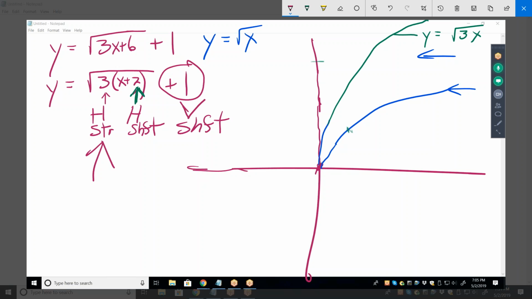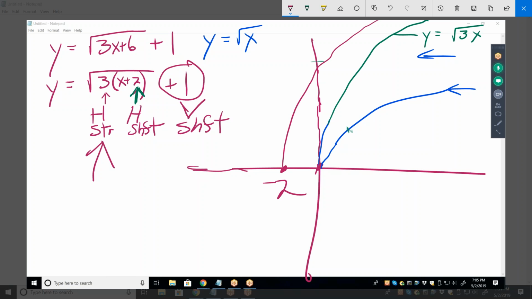Horizontal, so you're talking left and right. Vertical, you're talking up or down. Left 2. Okay. So I start my green curve right there, at -2, and I draw it without changing its shape, like that.